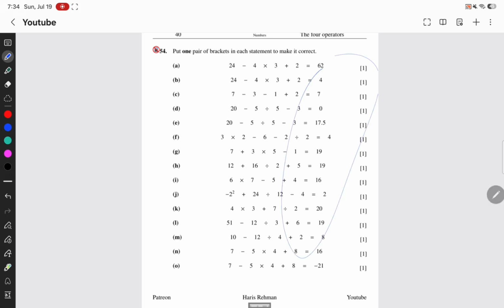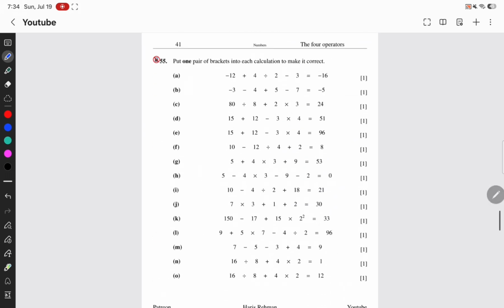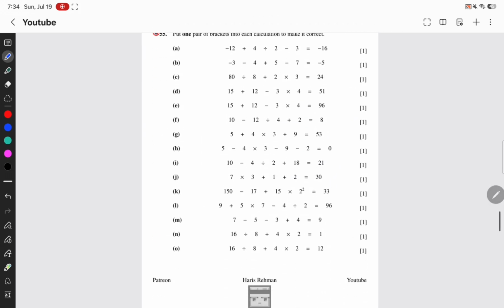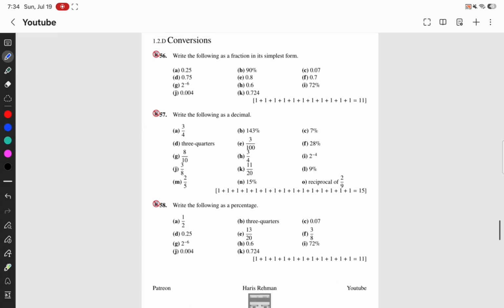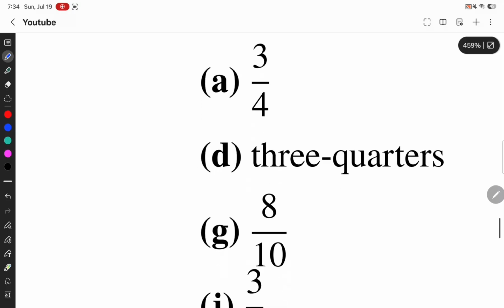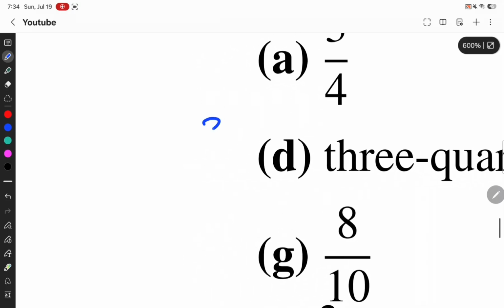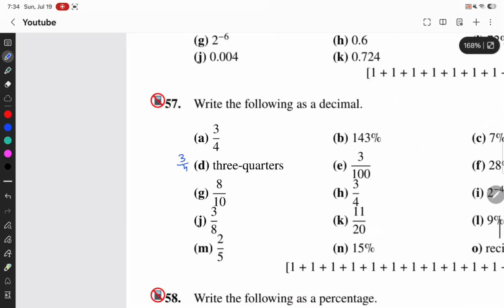You need to do proper practice of this as well. Even if it looks very simple, remember, it's the simple things that might make you lose marks. Conversions, simple conversions, you guys can do it. 3/4. This is like some British thing. 3/4 means 3/4, by the way.